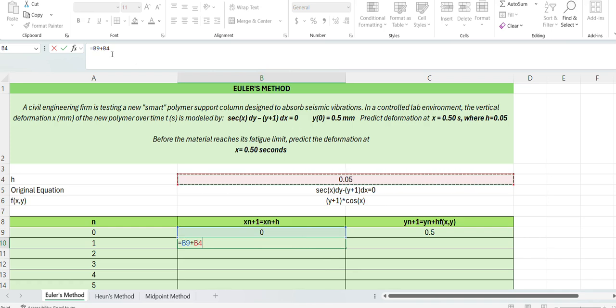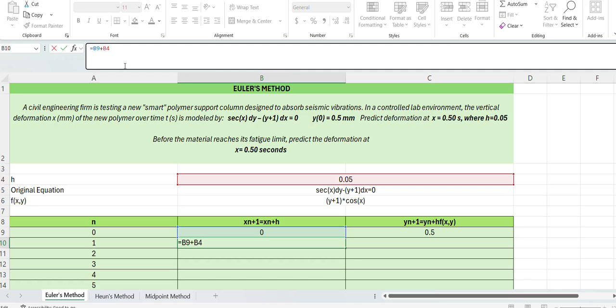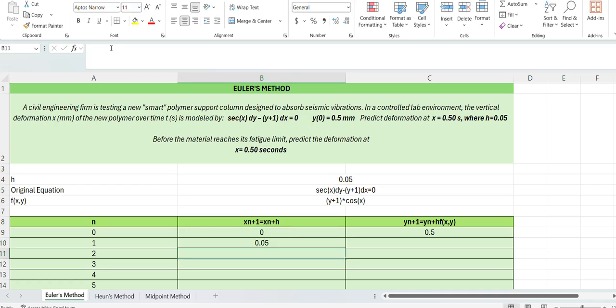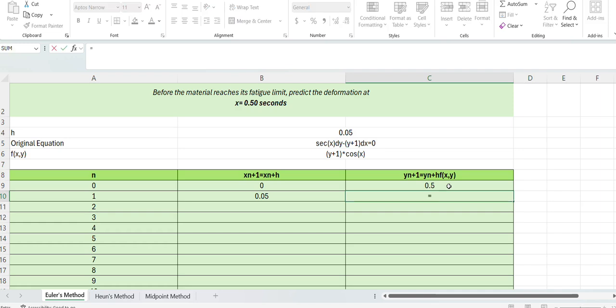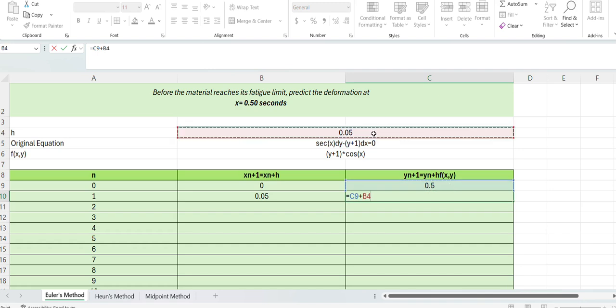For us to not be affected by the dragging, we must put dollar signs in it, and that's it. We have the value of x sub 1, which is 0.05, and we must establish here as well the value of y, where y sub n plus 1 is equal to y sub n, the current, plus the increment, which is 0.05.